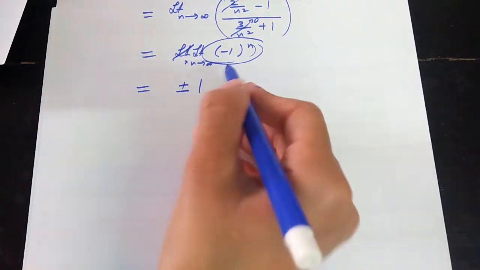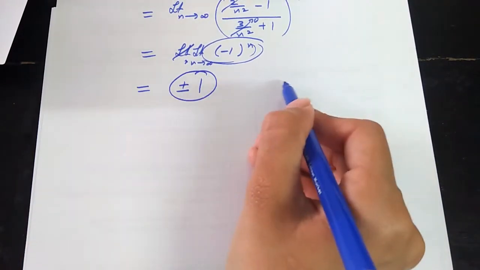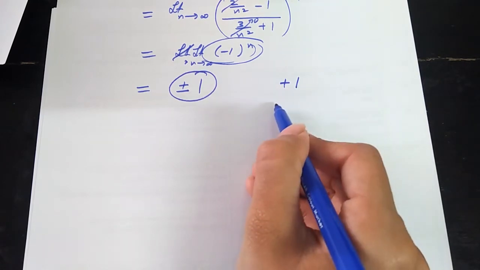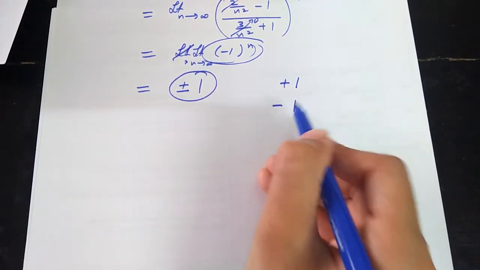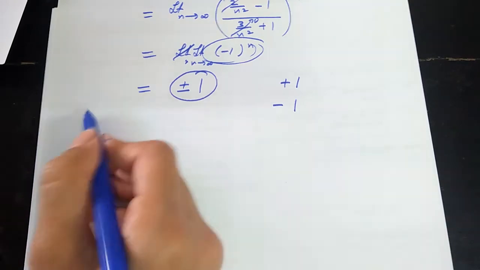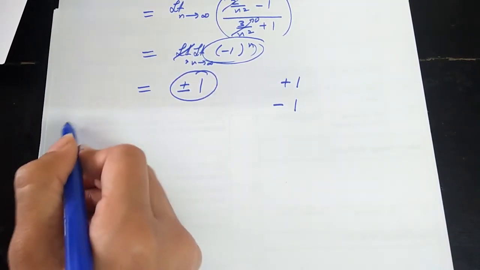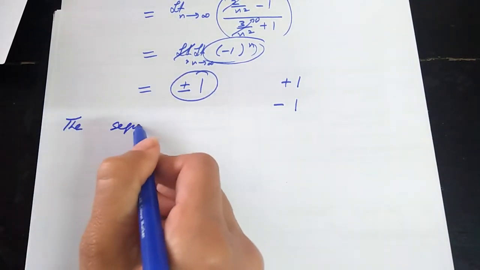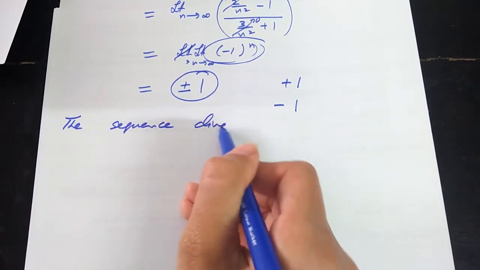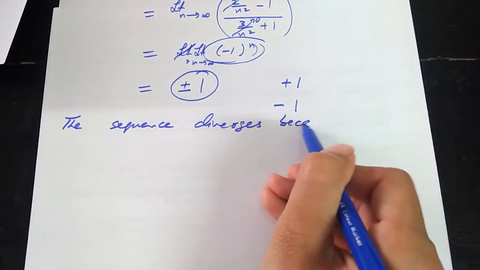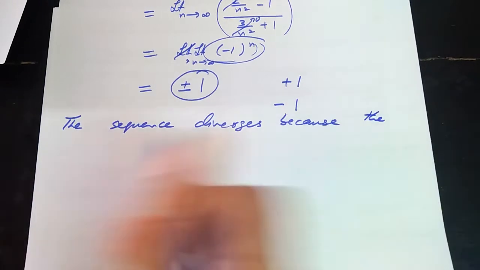So you see here that sometimes it can give you the answer plus 1 and sometimes it can give you the answer minus 1. So the limit is not unique here. Since the limit is not unique, the sequence diverges because the limit is not unique.